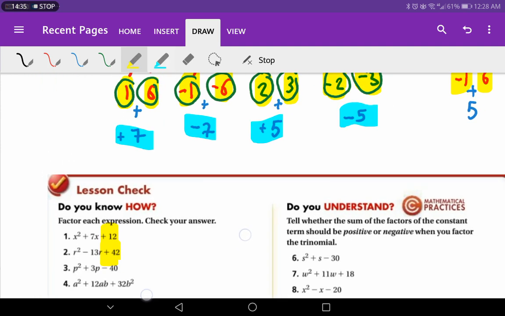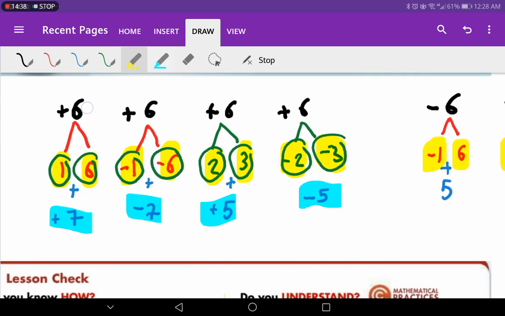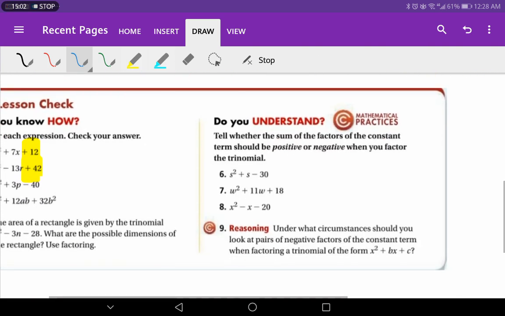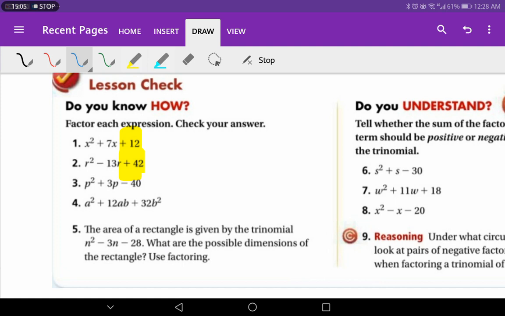Look here: if the product is positive, the factors may be positive 1 and positive 6, or negative 1 and negative 6. You cannot find one factor positive and the second negative, because the C is positive. That means the two factors have the same sign, maybe positive, maybe negative.